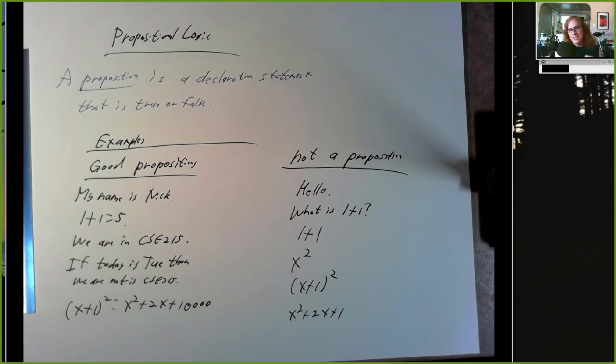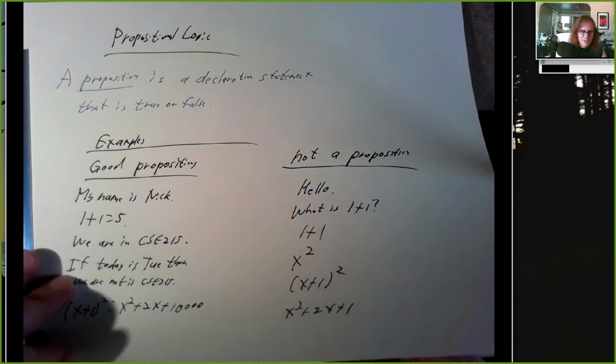And inevitably, we're going to forget what we're doing, and we're going to start writing things like this or that. And when I grade it, you'll see a note saying not a proposition. So this is something we're going to have to come back to again and again. We always want to be writing propositions. A proposition must be a declaration of some sort that has a truth value.